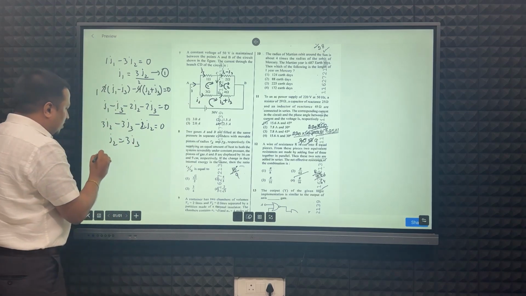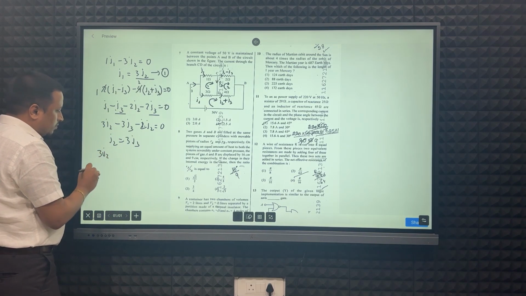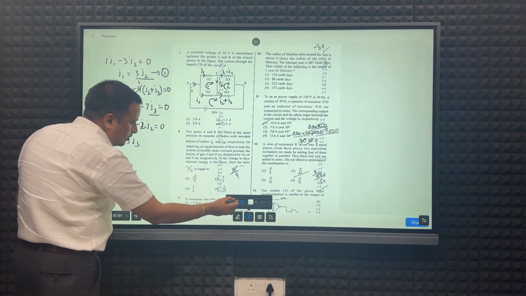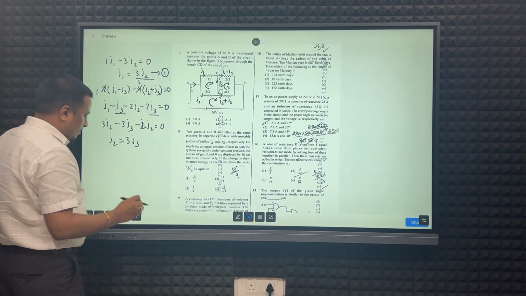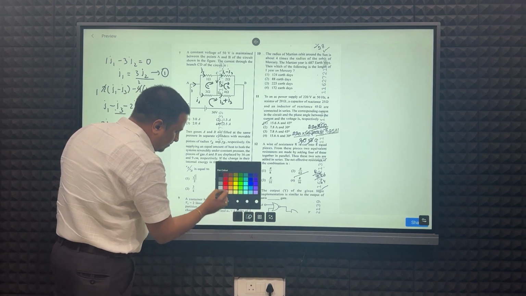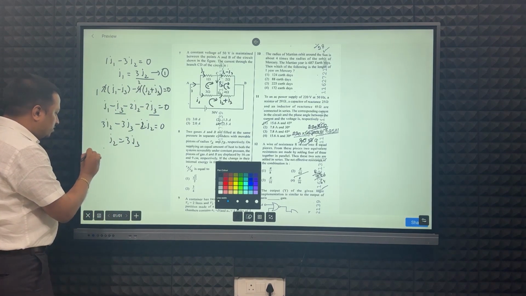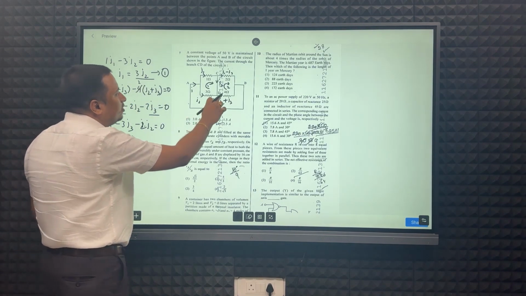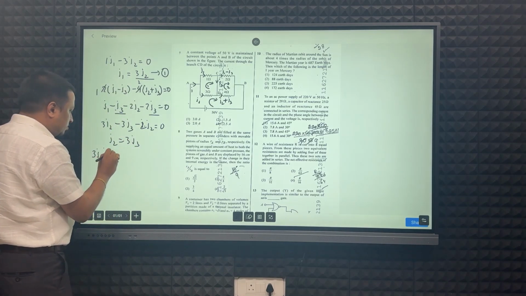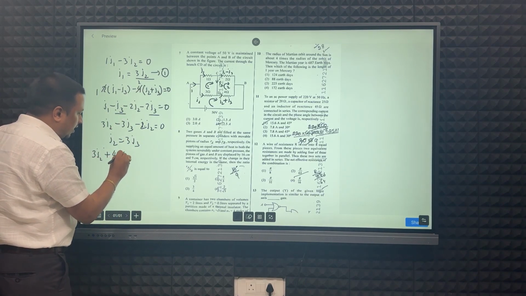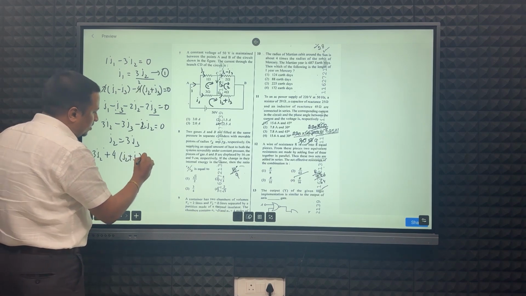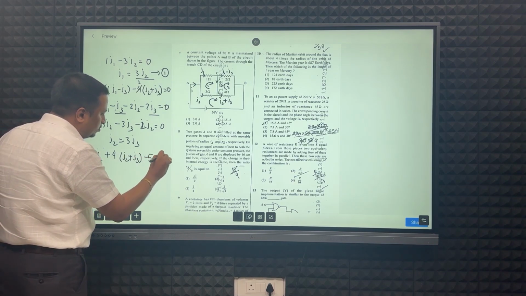First I am going to get 3I2, then 4 I2 plus I3 times 4, minus 50 volt is equal to 0.